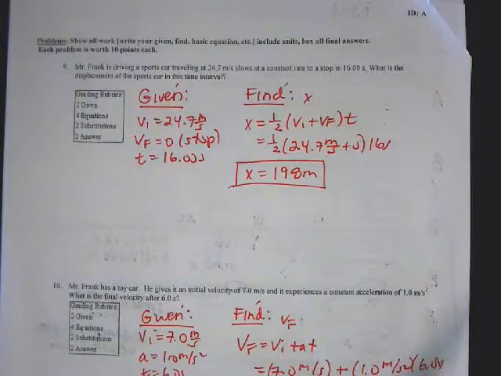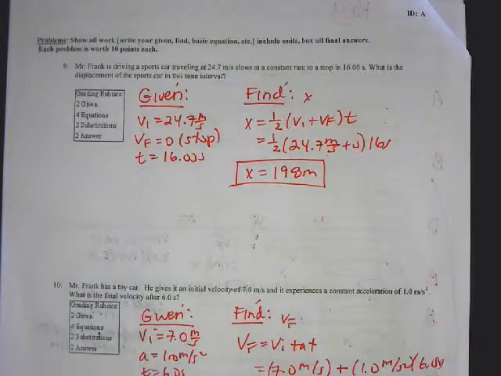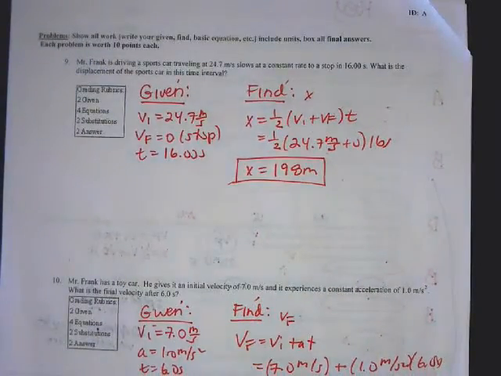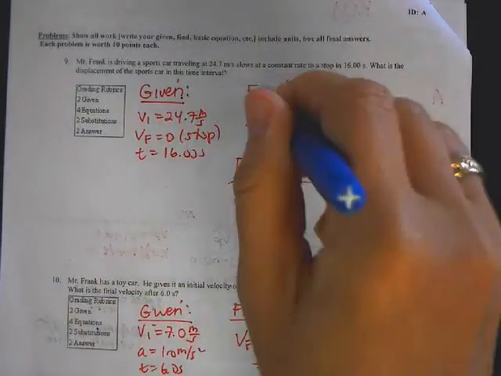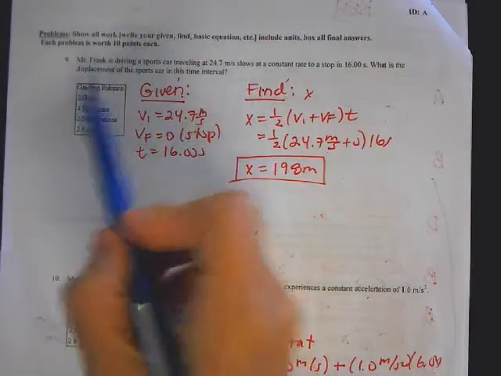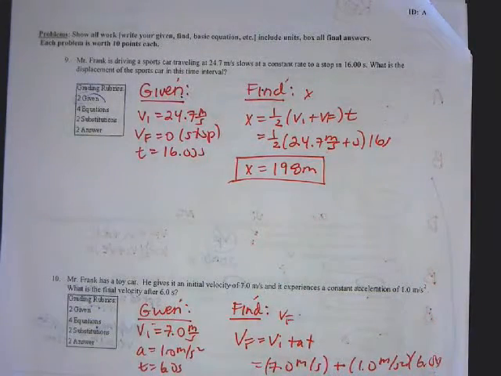All right, let's flip over to the back of the quiz. Now on the test, we're going to have the same thing. We're going to have rubrics like this. So when you do your problems on the FRQs, again, you want to write your given and your find, because you're going to get 2 points for doing that.